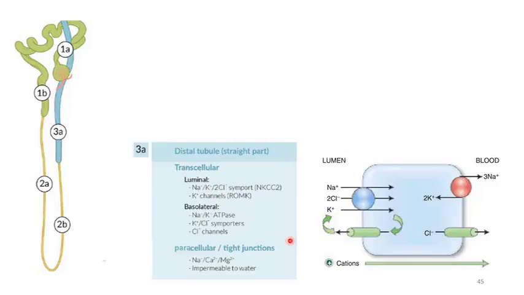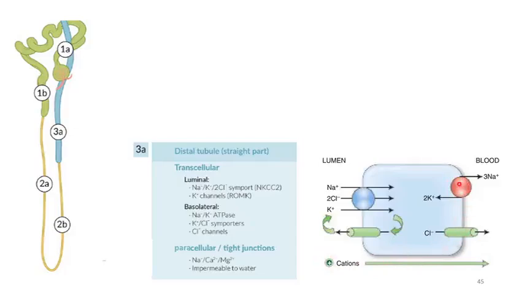So the thick ascending limb is important in reabsorption of calcium and magnesium due to this mechanism, this recycling of potassium: potassium enters the cell by this symporter and goes out of the cell into the lumen by way of ROMK potassium channels, making the inside of the lumen positively charged and helping the paracellular reabsorption of bivalent cations.